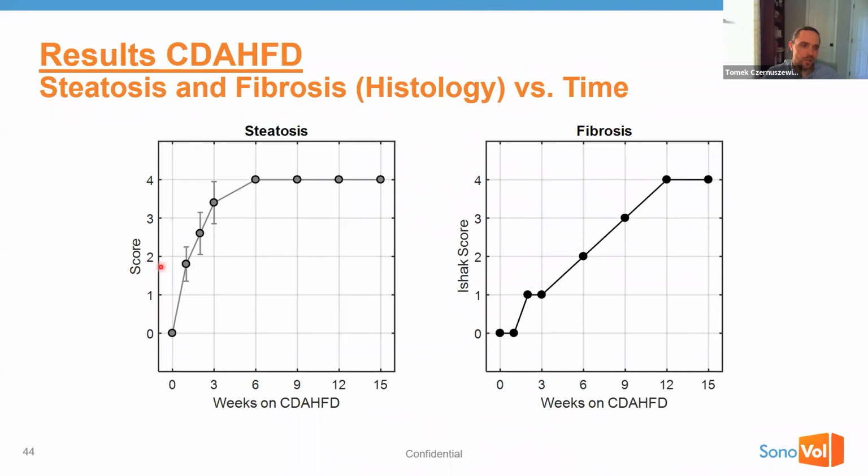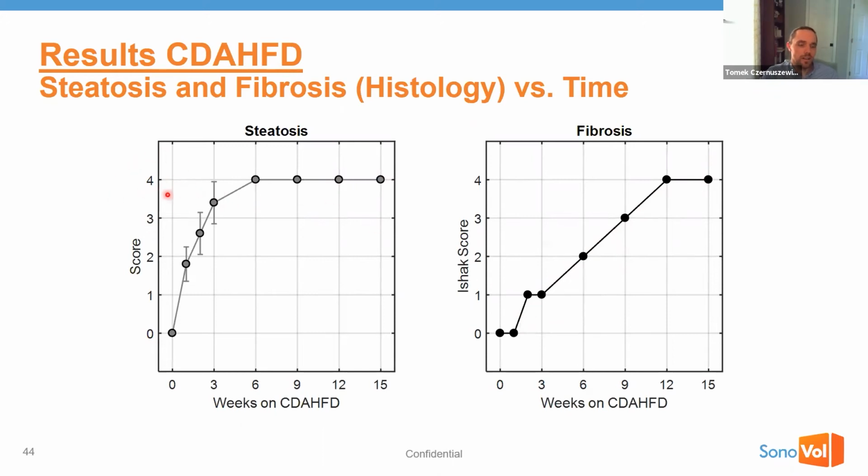If we look at the underlying pathology, or histology, which was scored by a pathologist, we see very similar dynamics. Again, the steatosis maxed out by week 3 and then stayed maximal throughout the study, whereas fibrosis had a much slower and linear progression over time.